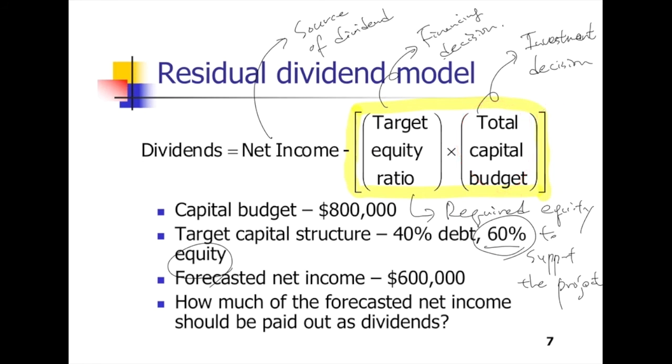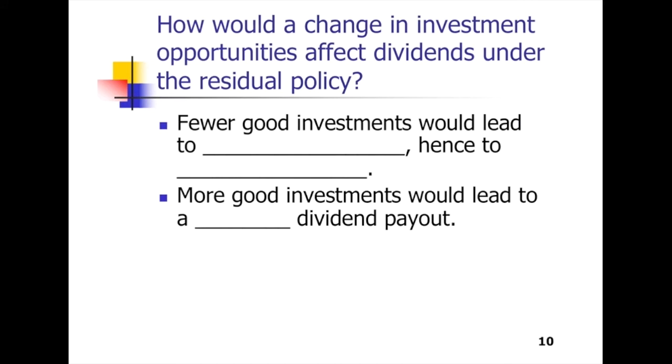In this case, the dividend decreases. So we can conclude that poorer good investments would lead to a smaller capital budget, hence to a larger dividend. The opposite case, more good investments would lead to a smaller dividend payout, right?